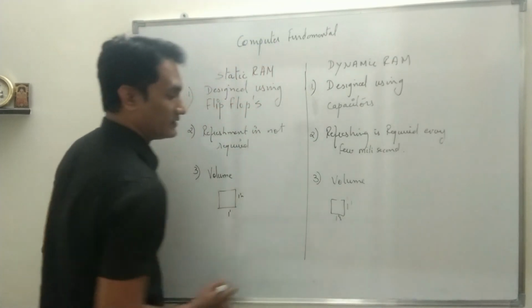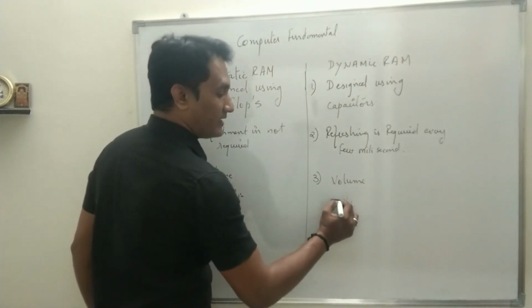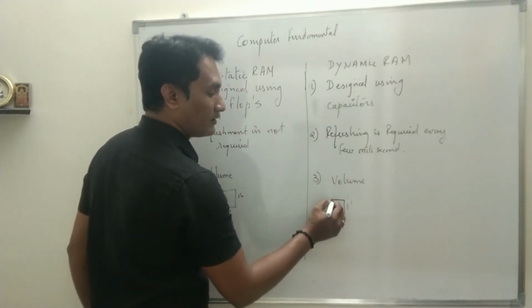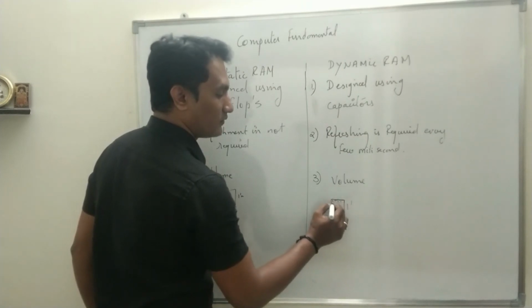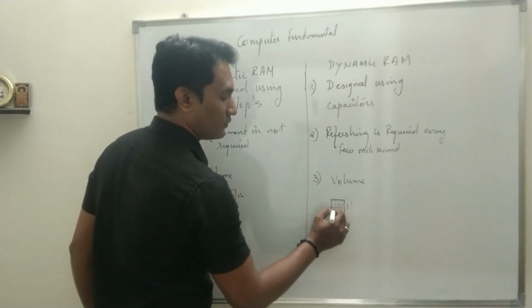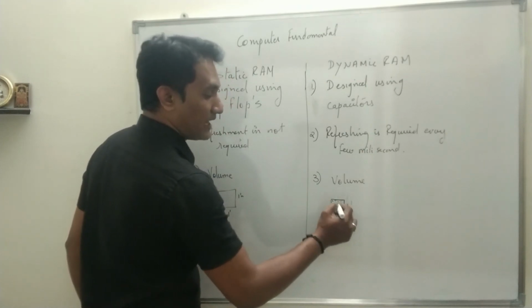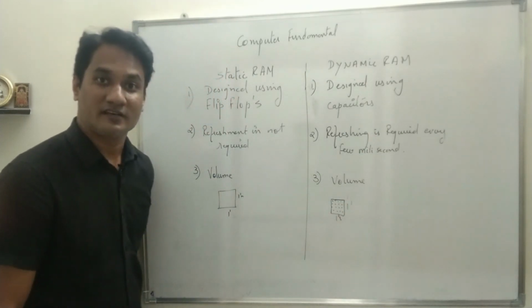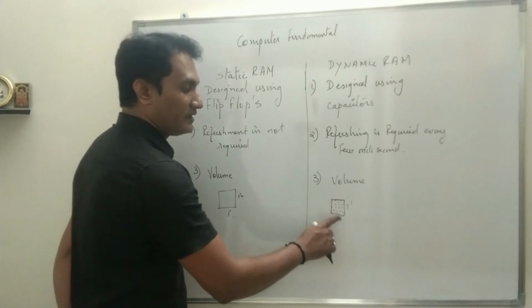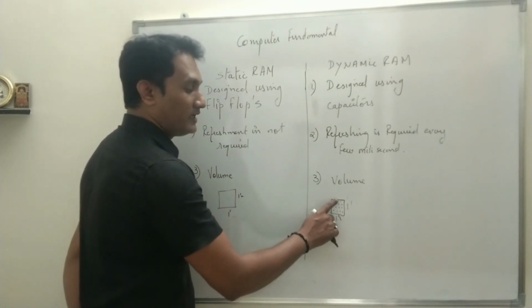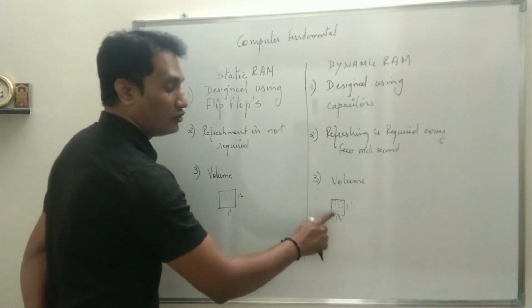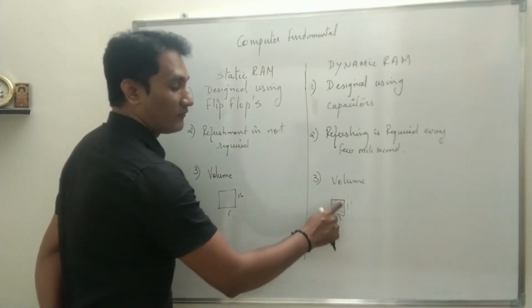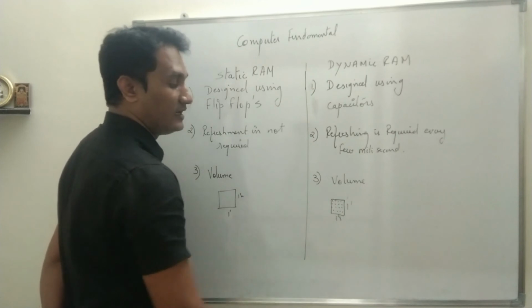Now here one capacitor acts as one memory location. So if you have 1 2 3 4, 1 2 3 4, 1 2 3 4, 1 2 3 4, this chip has 16 memory locations, right? So how many bits can be stored? One capacitor stores 1 bit, 16 capacitors will store 16 bits. So this is the memory volume of memories within a single chip.